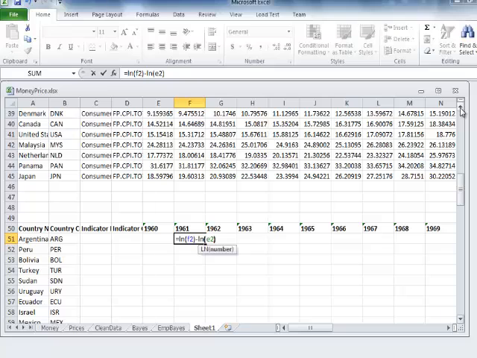So the entry here is the log of the 61 price index minus the log of the 60 price index. So it's the growth rate in price. Okay, so 12% was the inflation rate.